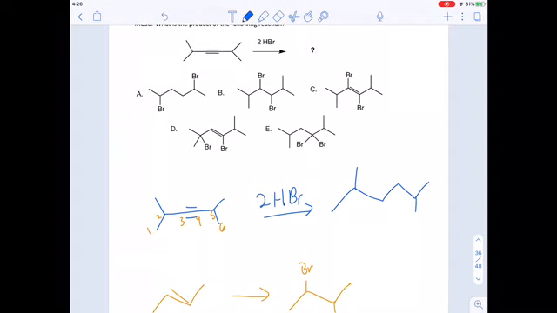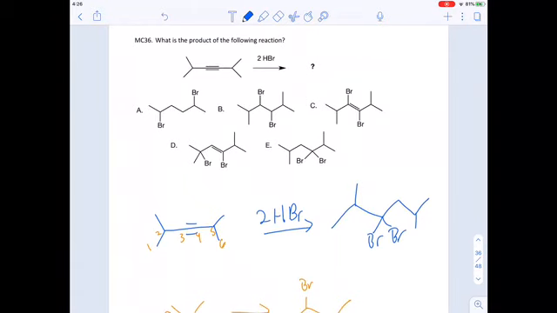You're going to get the Brs added either both on the left side or both on the right side with no bonds remaining. So I will just add them arbitrarily here. And hopefully you guys added this to your reaction sheet when I mentioned that during the alkynes chapter, and that would make this question really, really easy. So the only answer that matches the one that I just got is going to be E.